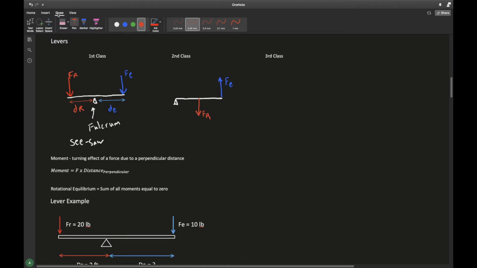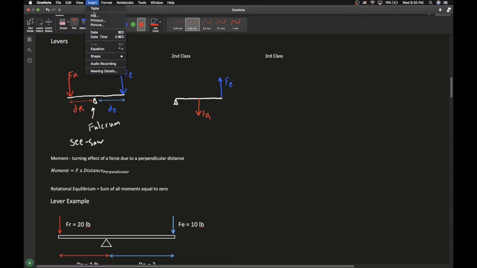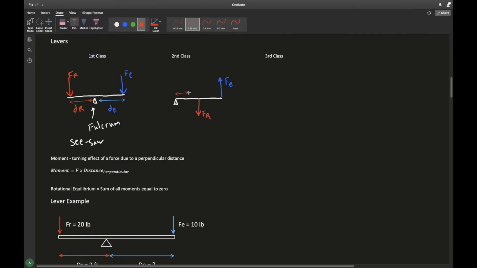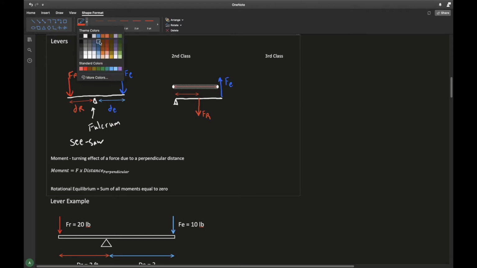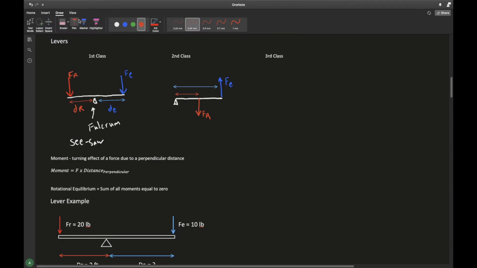Now, the same rules apply for the distances. The resistance distance is from the fulcrum to the resistance, and the effort distance is the distance from the fulcrum to the effort. So just like we see here, and we'll draw in those values to make it clear.